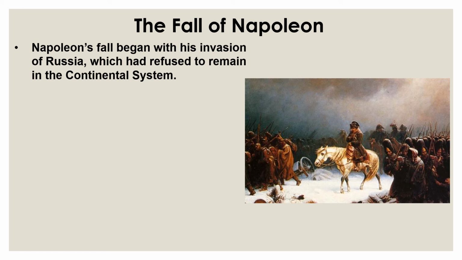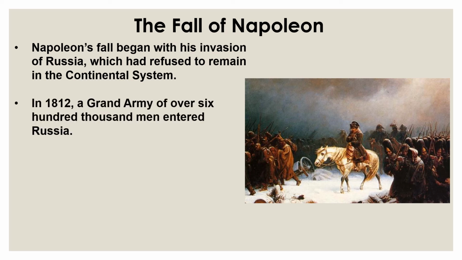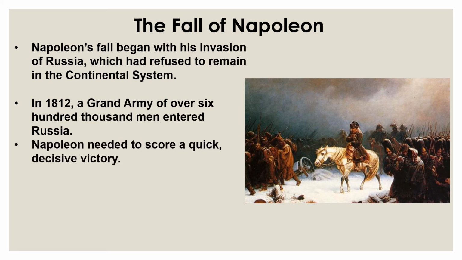And this caused Napoleon to decide, no, I'm going to invade Russia to force them to kowtow to my demands once again. So Russia had refused to remain in the continental system, and this caused Napoleon to launch a massive invasion starting in 1812. The Grand Army of over 600,000 men entered Russia in 1812.